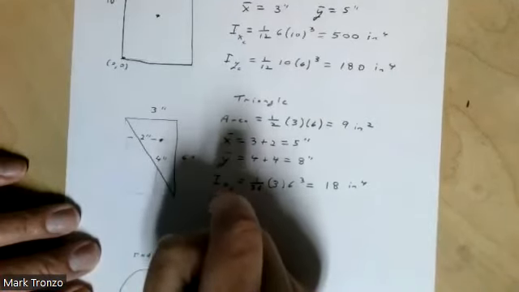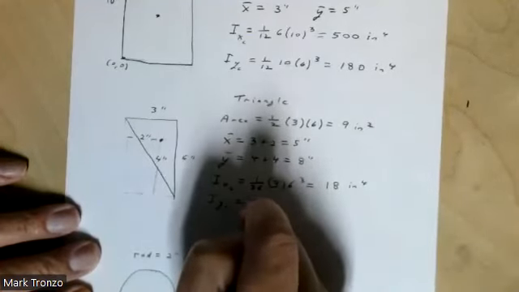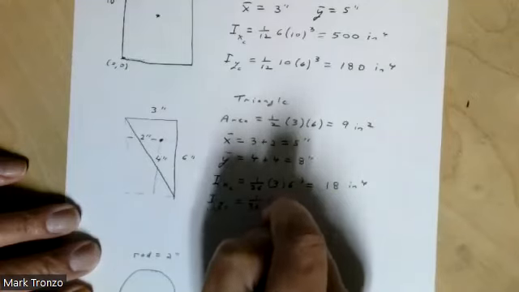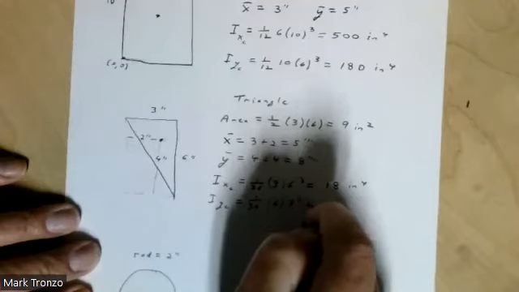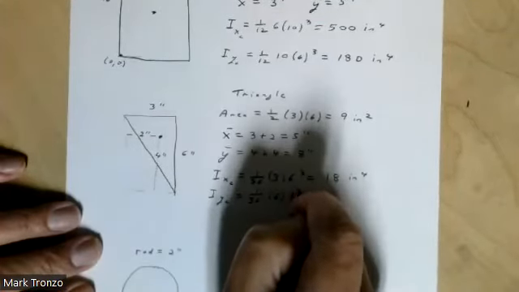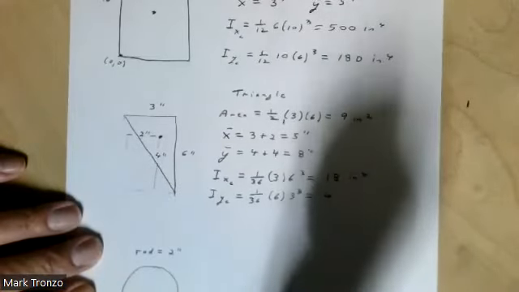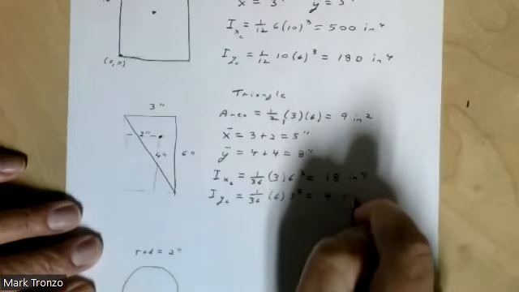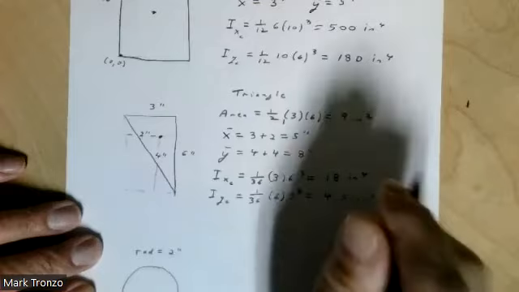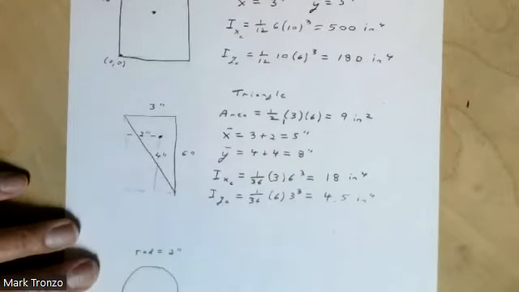And our IYC is 1/36 times 6 times 3 cubed. That's going to be equal to 4.5. So that takes care of our triangle.